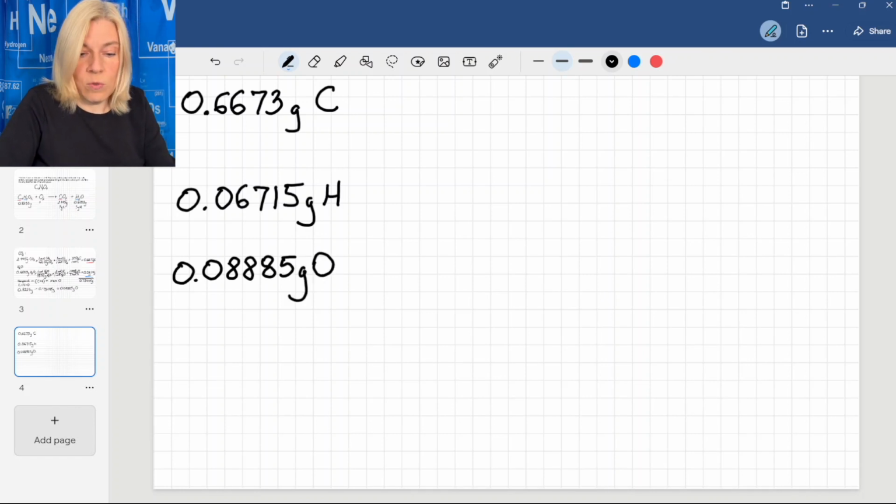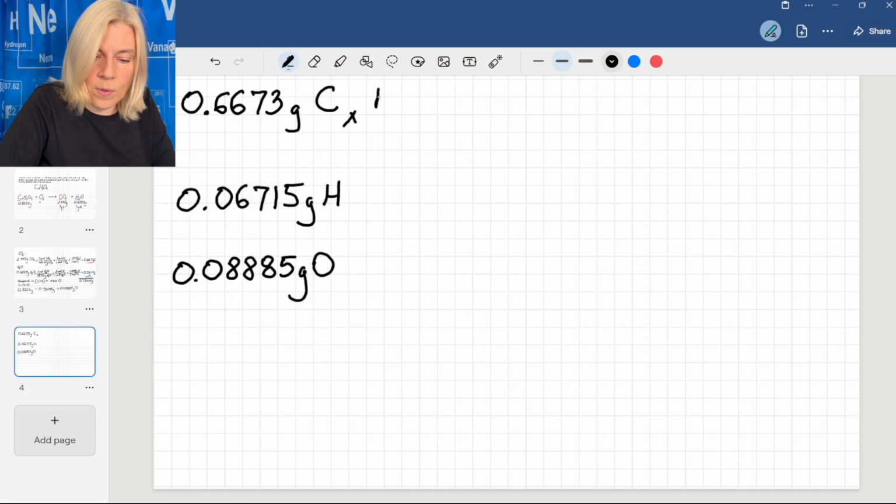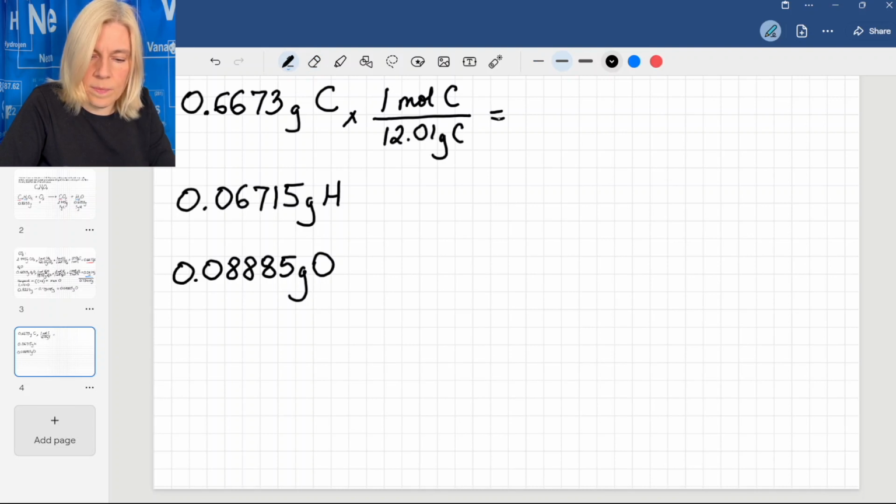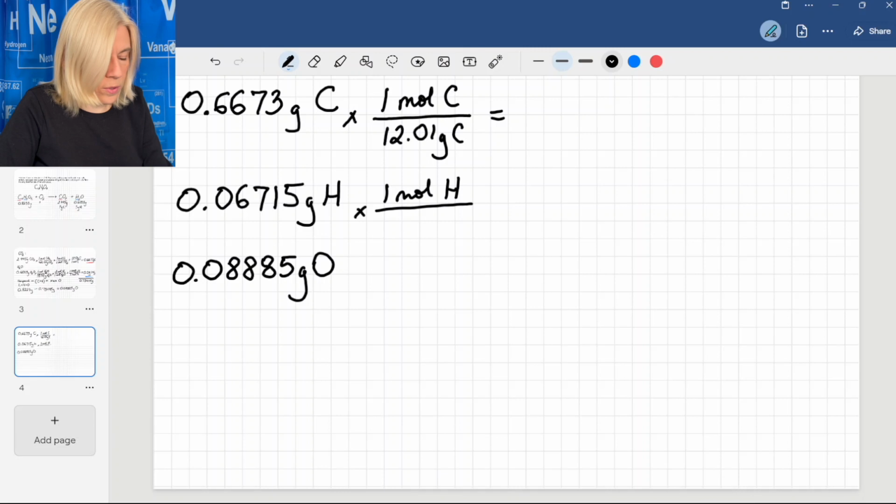Let's change these to moles, right? So 1 mole of carbon is 12.01 grams of carbon. 1 mole of hydrogen is 1.008 grams of hydrogen.